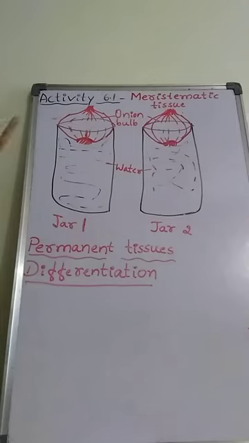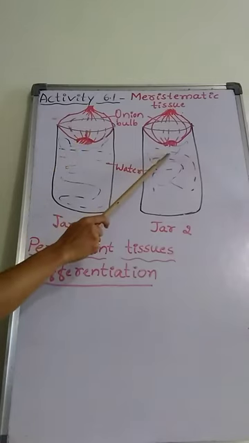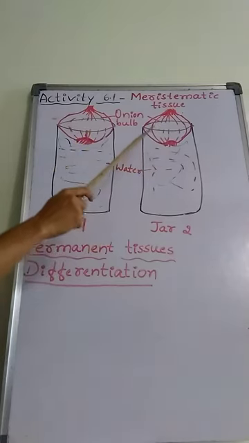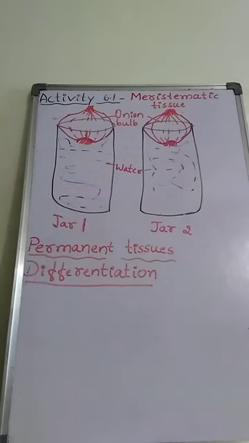When we cut the root tip of the onion bulb present in the second jar, it does not show further growth of the root on the 4th day and 5th day.